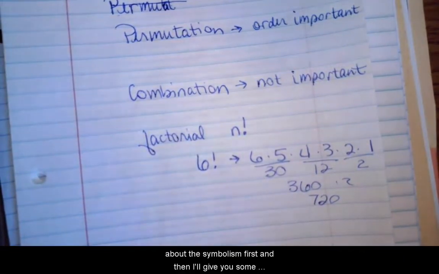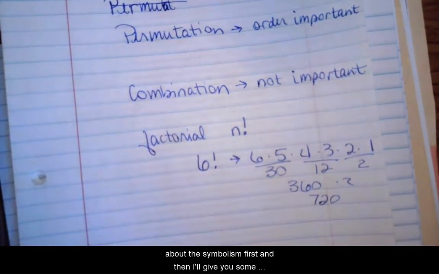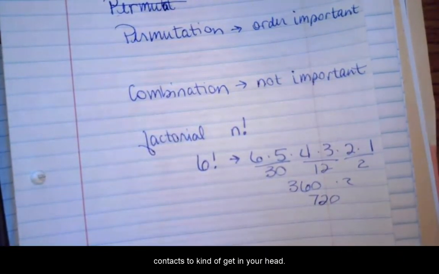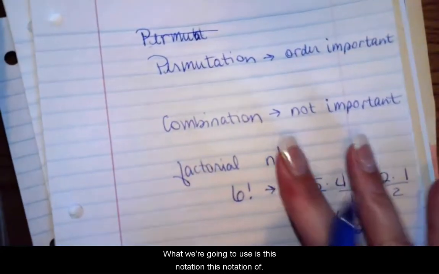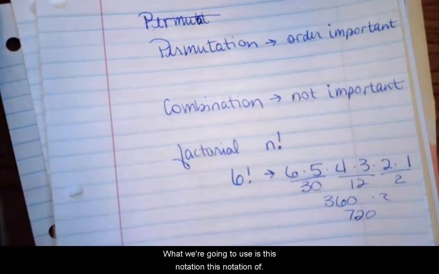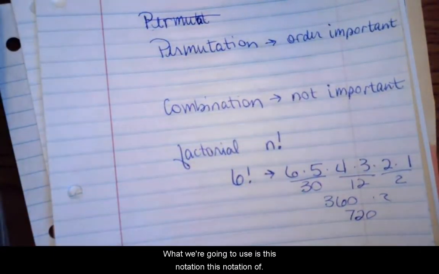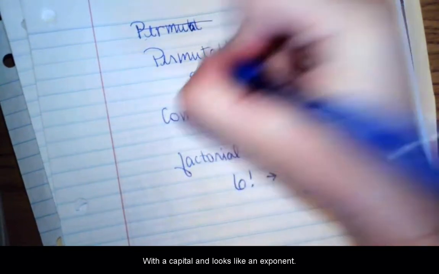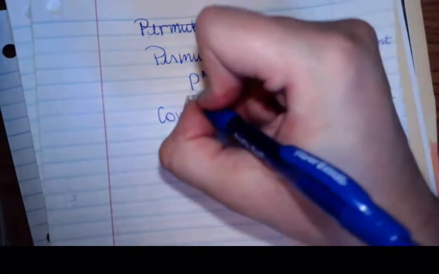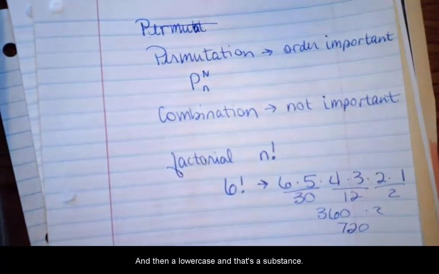So let's talk about the symbolism first, and then I'll give you some context to get it in your head what we're talking about. For a permutation, we're going to use this notation: a capital N as a superscript, then P, and then a lowercase n as a subscript.